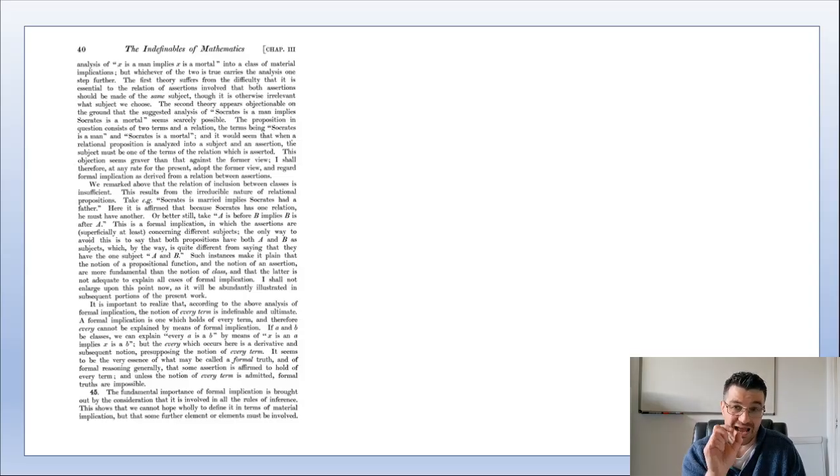So this word "and" here is being used in a very particular way to express a very specific kind of combination between these two terms A and B. It's not one term, A and B. It's not the collection A and B, but it's also not quite many.